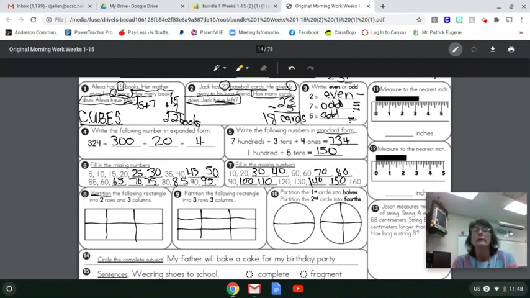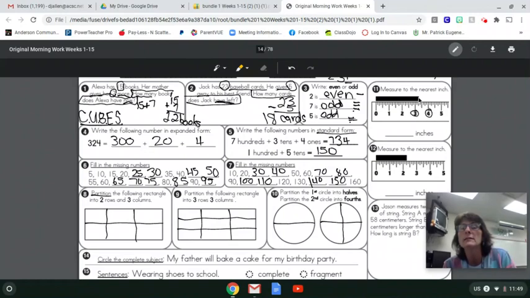Okay? Now, box 11, you're measuring. You're measuring in 11 and 12, and they already have the ruler there, so you're just looking at the ruler. It does say to the nearest inch, so you're not going to count these little parts in here. You're going to look and see what the closest whole number is.